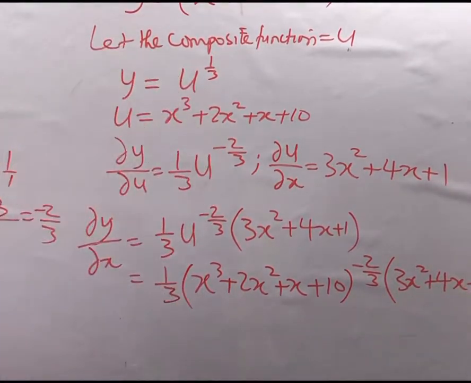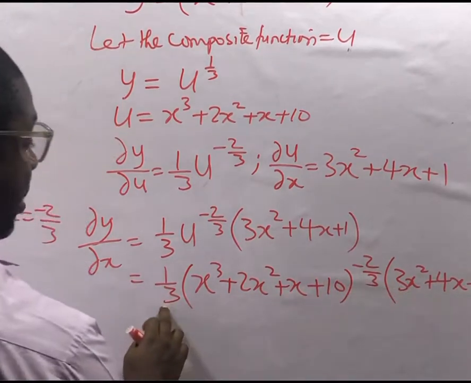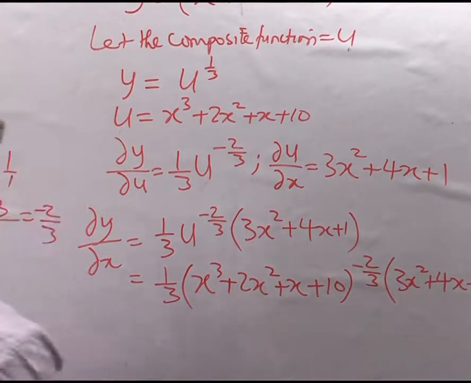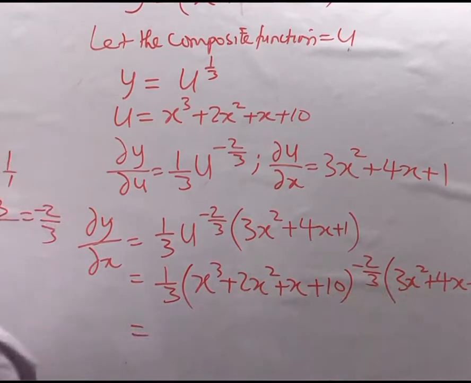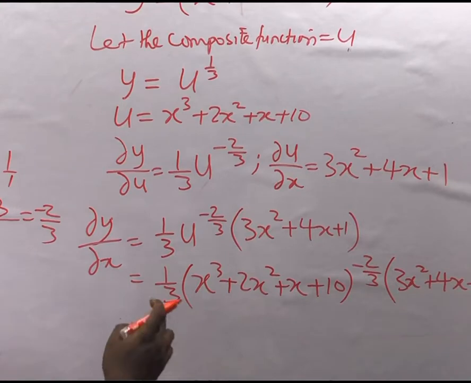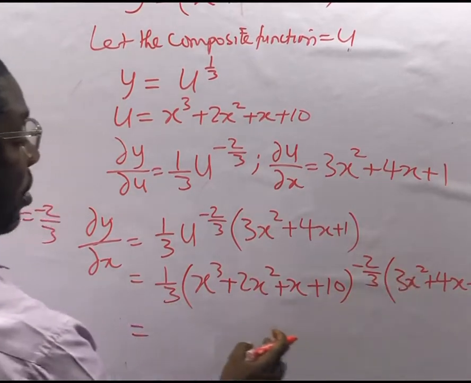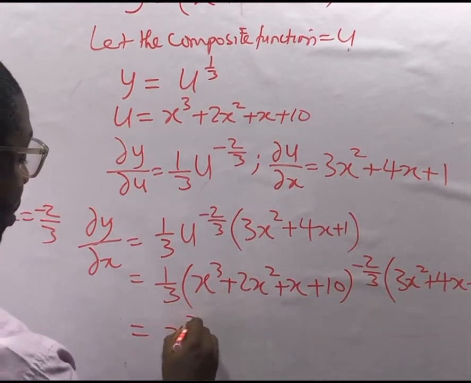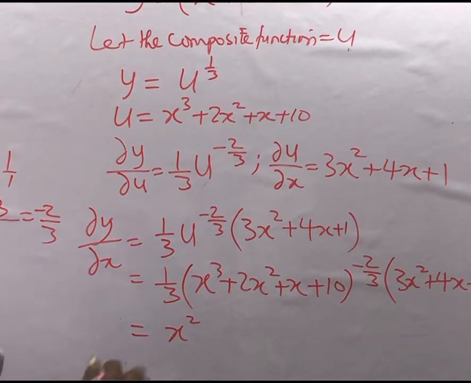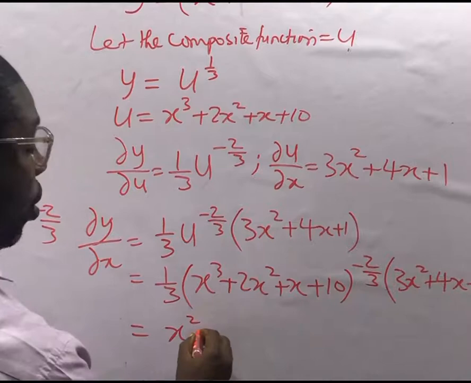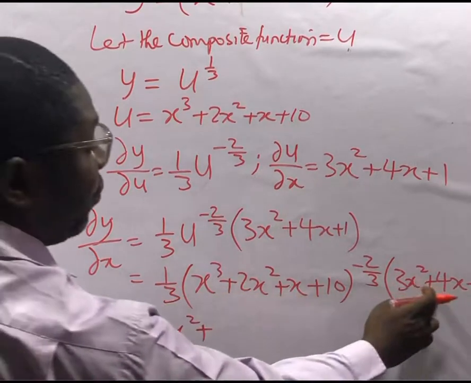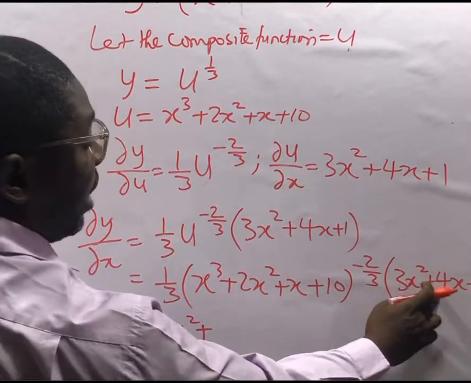All right, since we have this, let's multiply this by this. If we multiply this by this, we are going to have 1/3 times 3x raised to the power 2. That leaves us with 3. We'll cancel out 3. So that leaves us with x raised to the power 2. All right, are you getting that? 3 will cancel out 3. So we are left with x raised to the power 2 plus 1/3 times 4x.